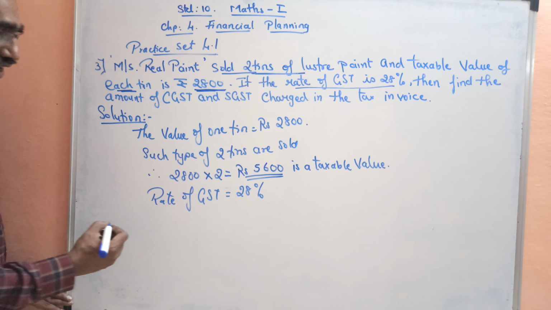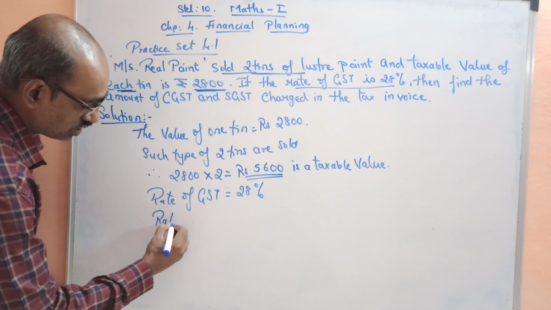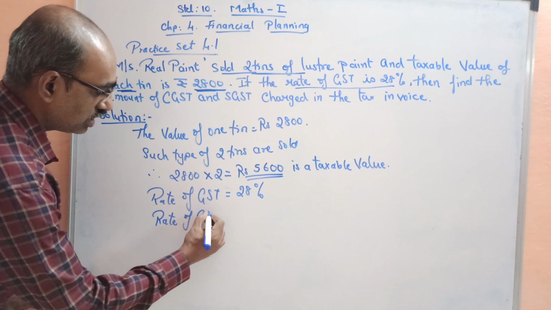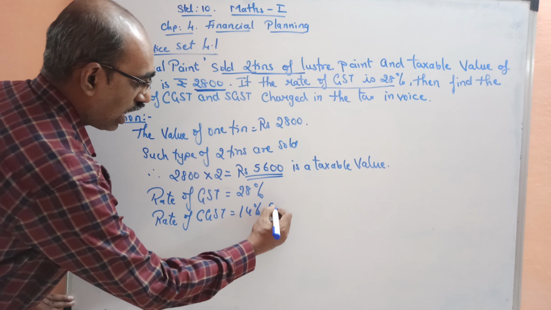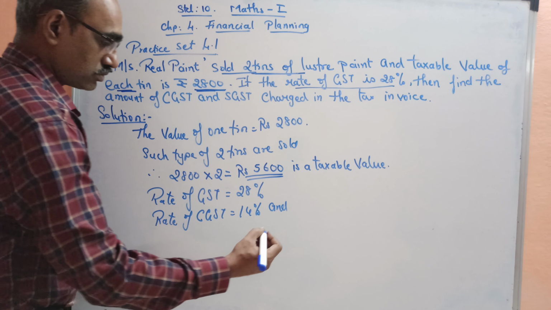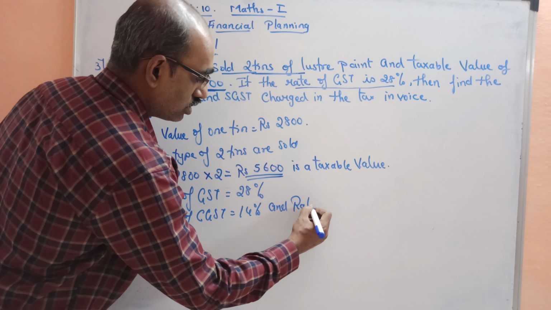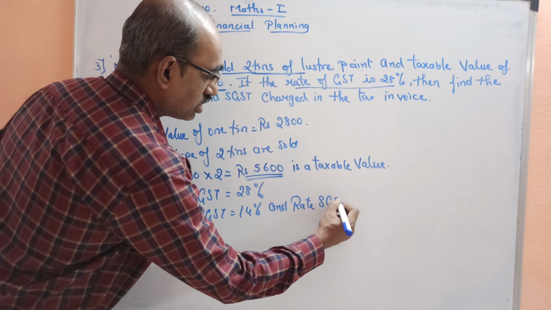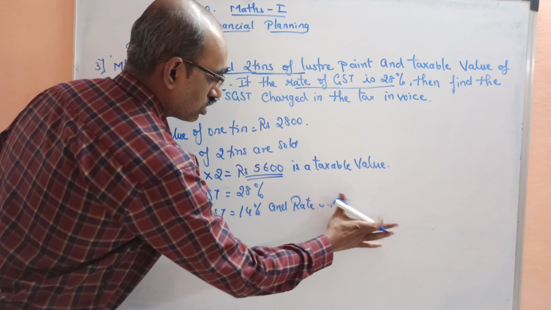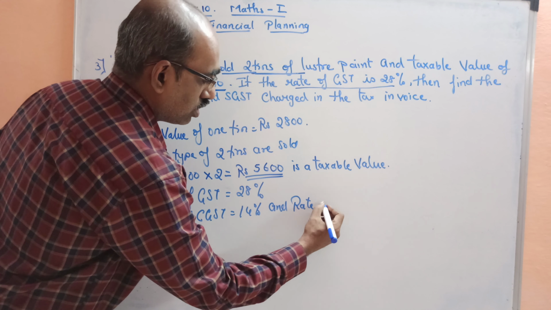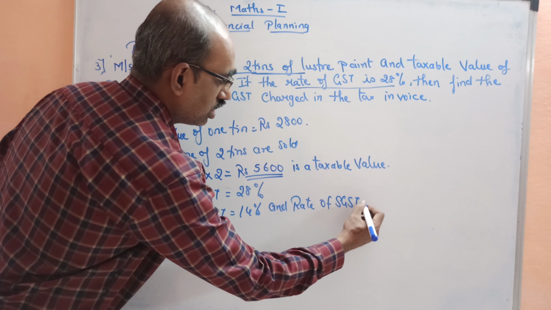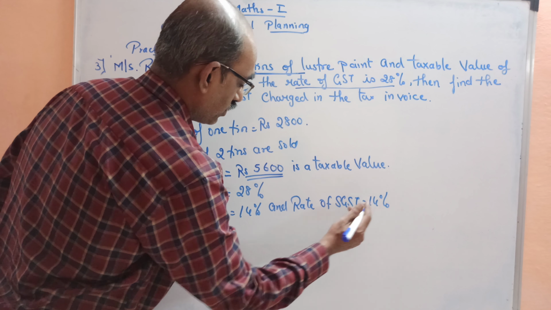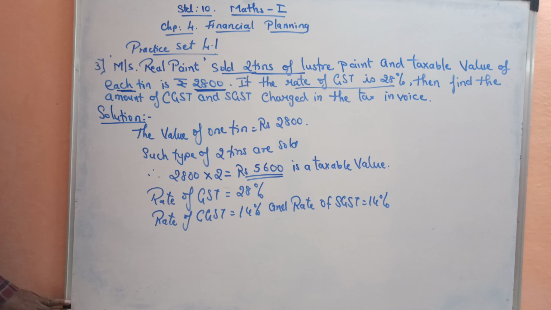The rate of central GST, rate of CGST is equal to 14%, and the rate of SGST, the state GST, is equal to 14%. This is the bifurcation of 28%. So 14 plus 14 is 28.